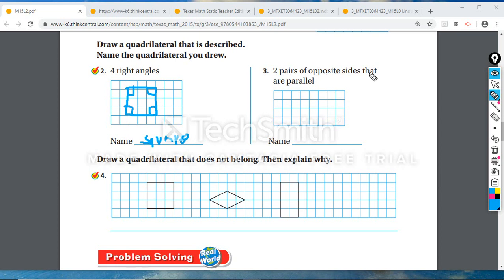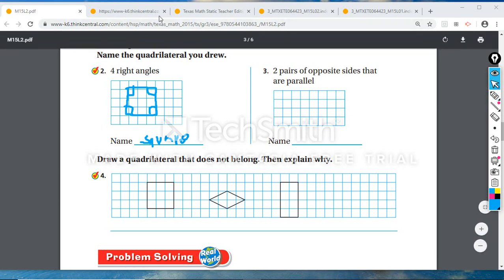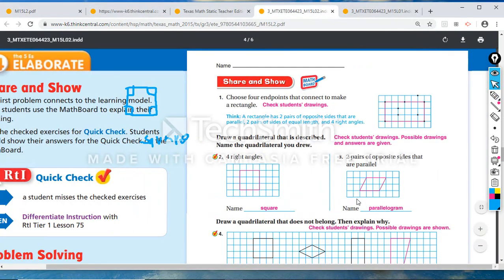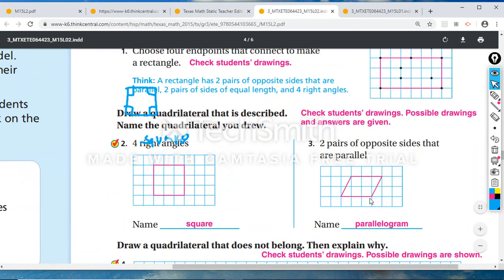Two pairs of opposite sides that are parallel. So it has to have two pairs of opposite sides that are parallel. So let's take a look at our shape here. We already have one set up for you here. It's already drawn for you, this one right here. And it would be the parallelogram.